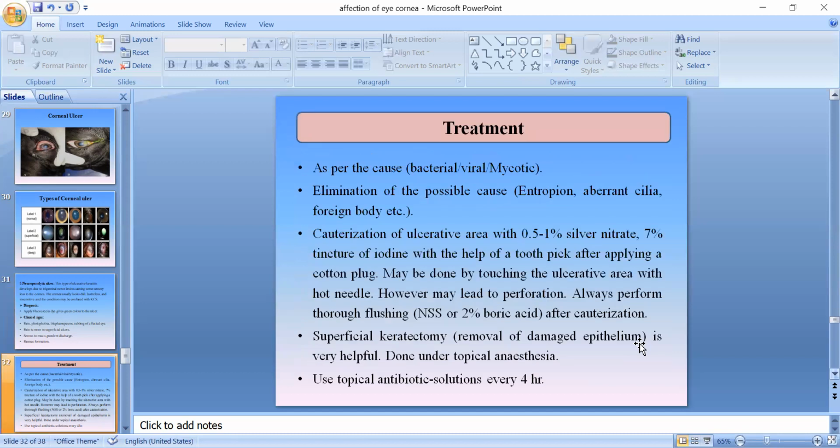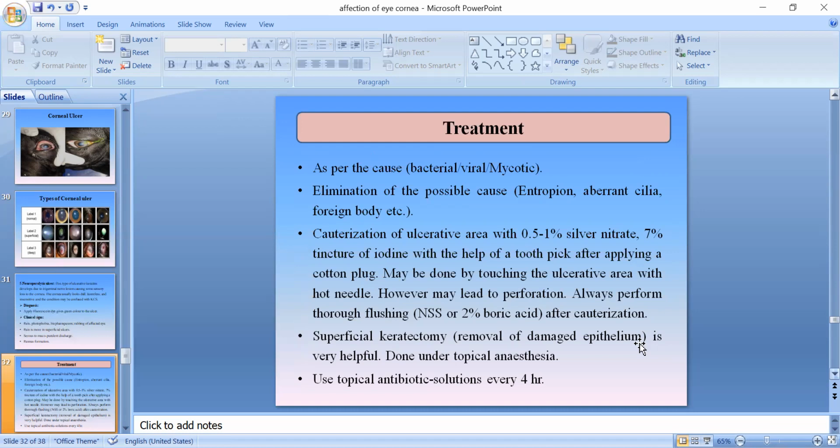How can we treat in this case? If there is bacterial, viral, or mycotic infection, then go according to the causative agent, and also cauterize with 0.5 to 1% silver nitrate or 7% tincture of iodine with the help of a toothpick after applying a cotton plug.